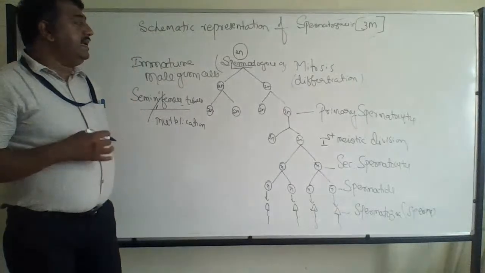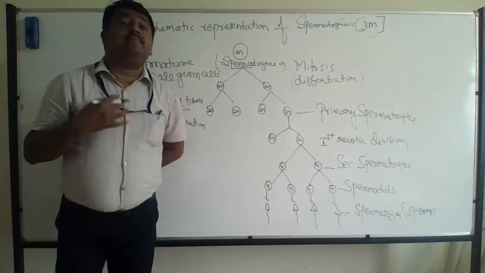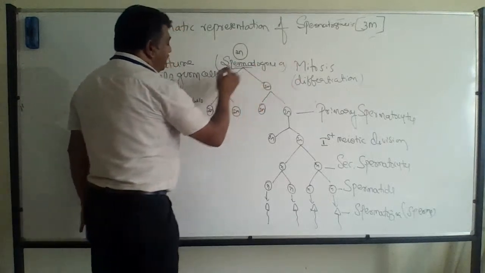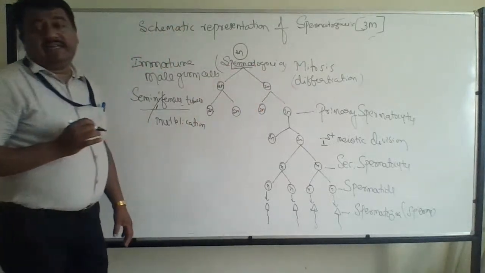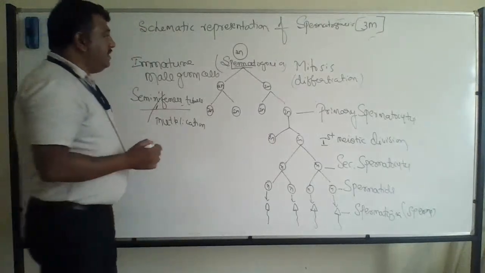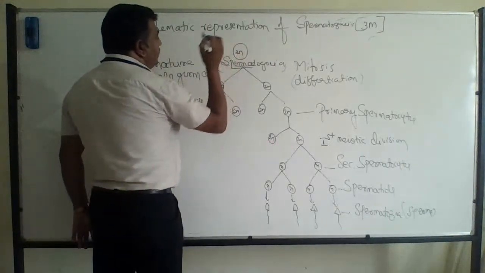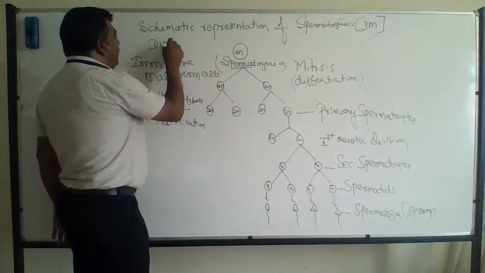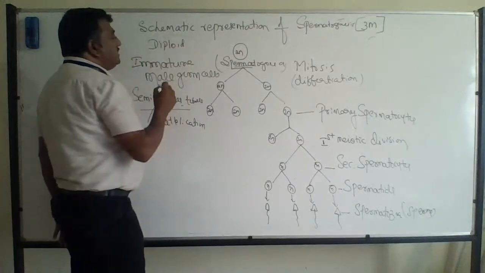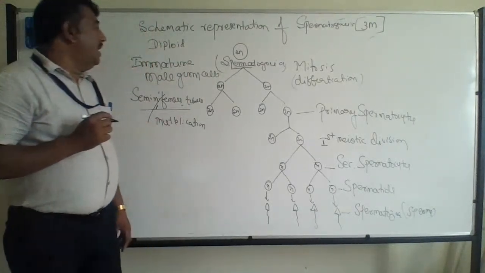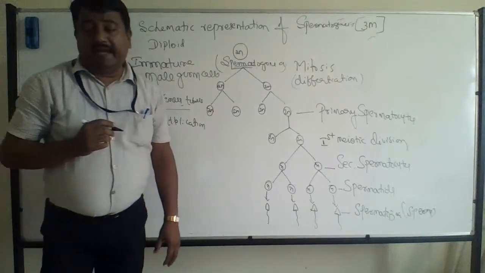Like this, it is increasing in its number. These spermatogonia are diploid, which means having a 2n number of chromosomes, or 2 sets of chromosomes.